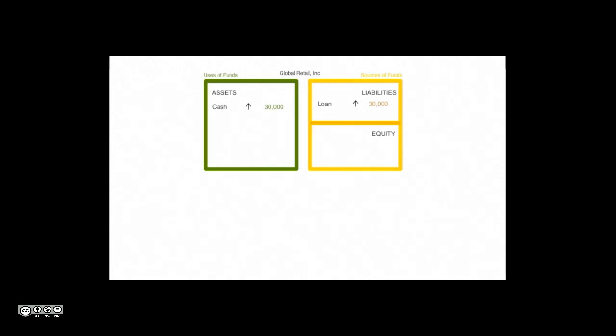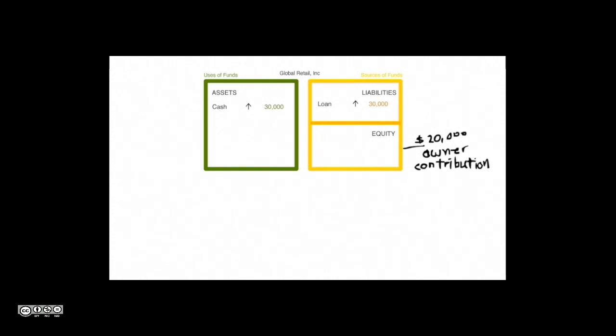Let's say the owner now contributes $20,000 from his or her savings account into the business bank account as an investment, not a loan. Think about where this transaction will impact on the framework: assets, liabilities, or equity. There clearly has been a new source of funds to the business, although this time it's not in the form of a liability.